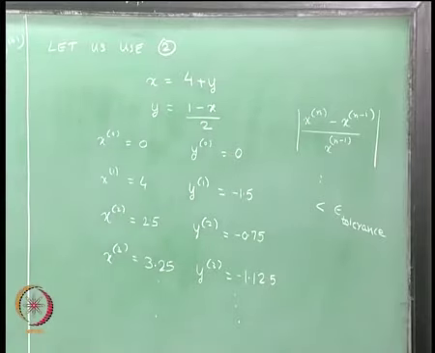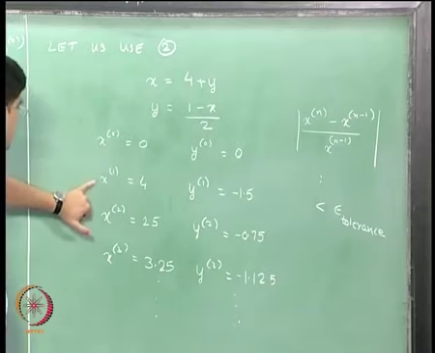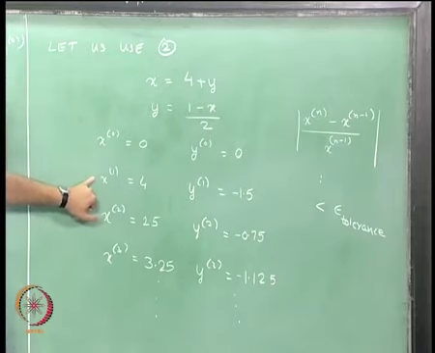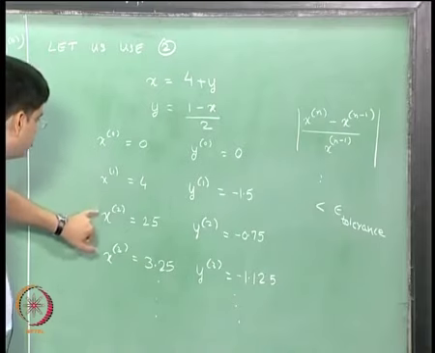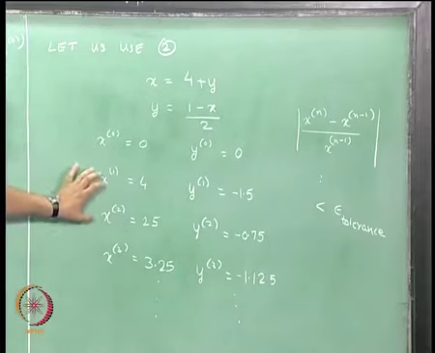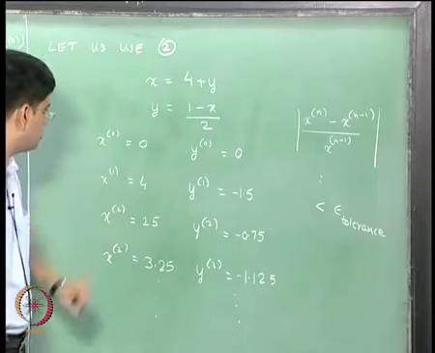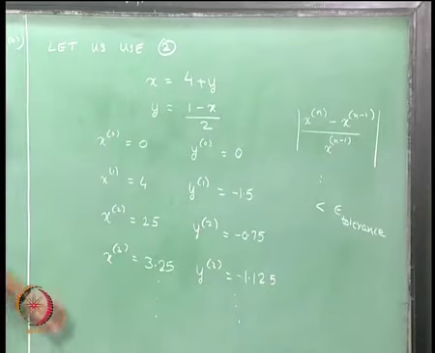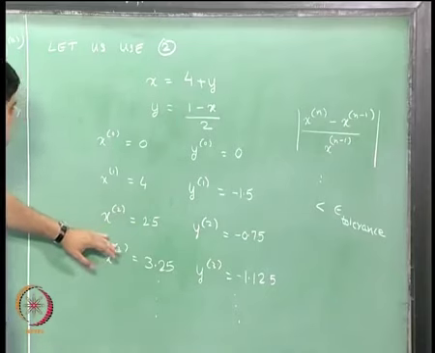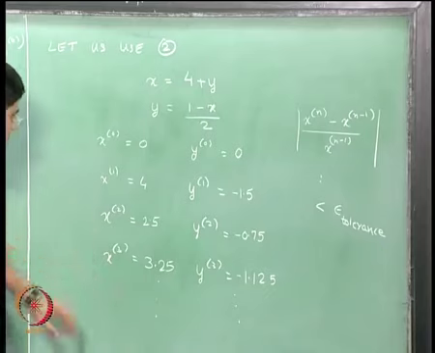For example, in this case x has changed from 0 to 4, that is a pretty large change that we observe. In this case it has changed from 4 to 2.5, so the change is actually 1.5 divided by 4, so that is a pretty large percentage of change, almost 35% change when you go from 4 to 2.5.